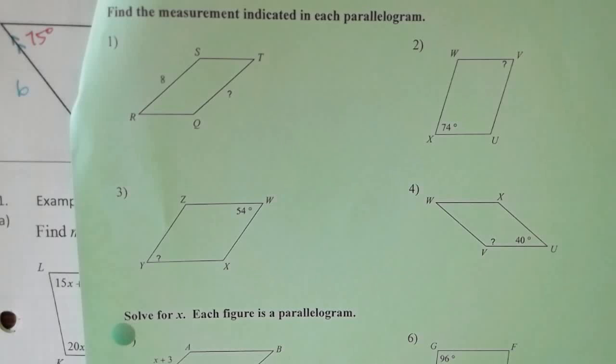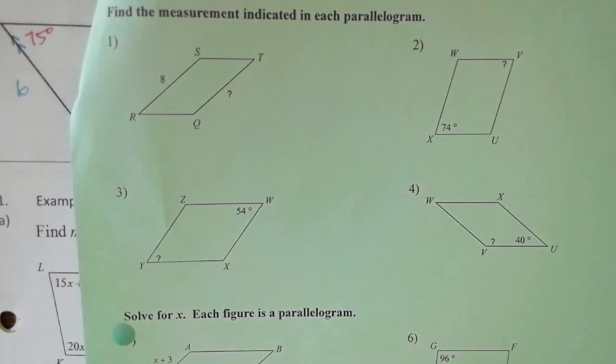Okay, so here's what we need. What we know is that opposites are the same. So this is 8, this is here, so it's 6 and 6. So what would this side be? Okay, so these are opposite.